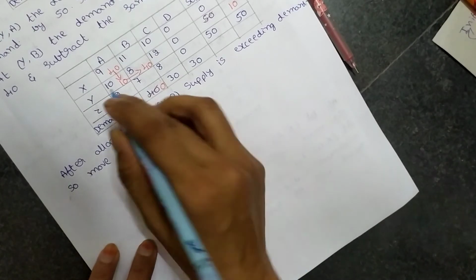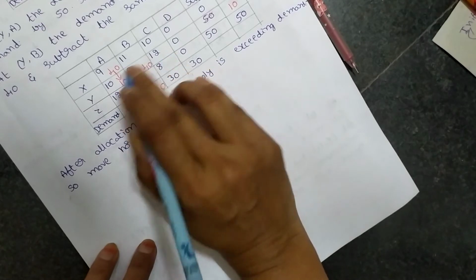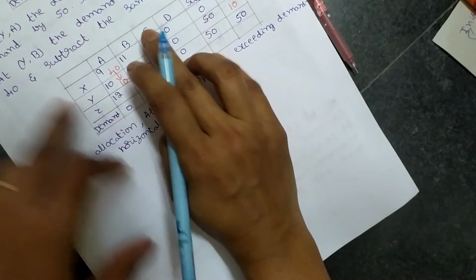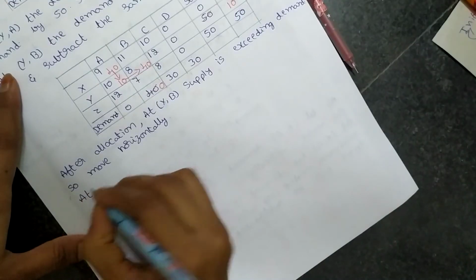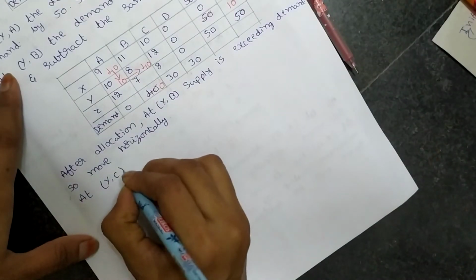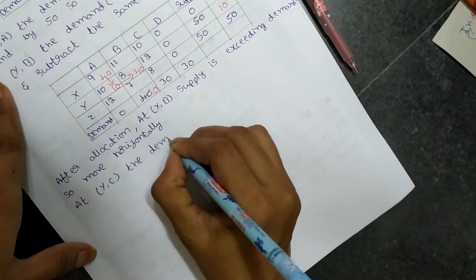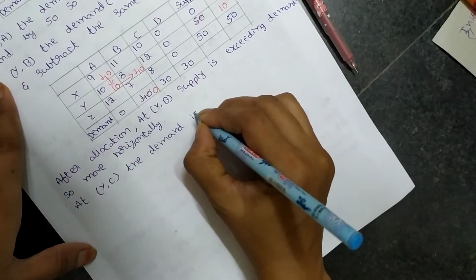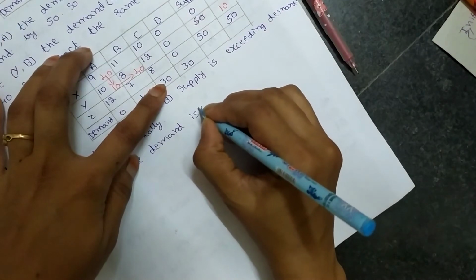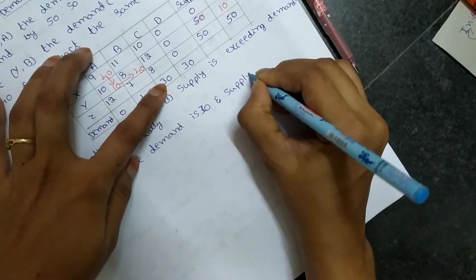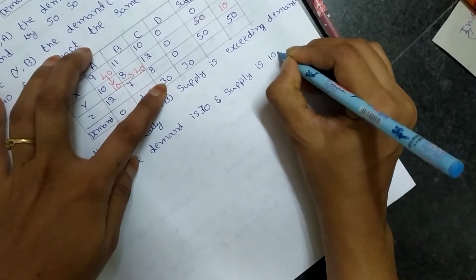When we move horizontally, we'll come to this cell. See here, this one. That means y comma c. At y comma c, the demand is 30. The demand is 30, and supply is 10.